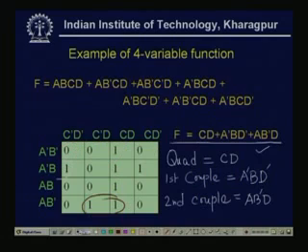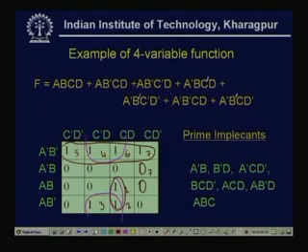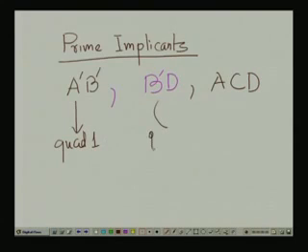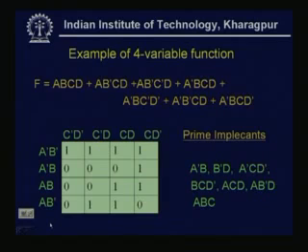So this is for my quad 1, this is for my quad 2 and this is for my couple 1 couple exists. So these three are the prime implicants. So these are some example of the prime implicants.